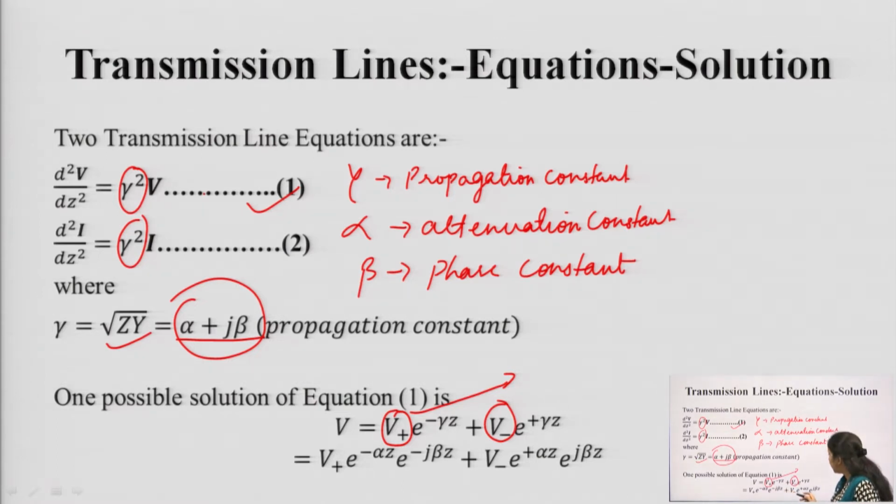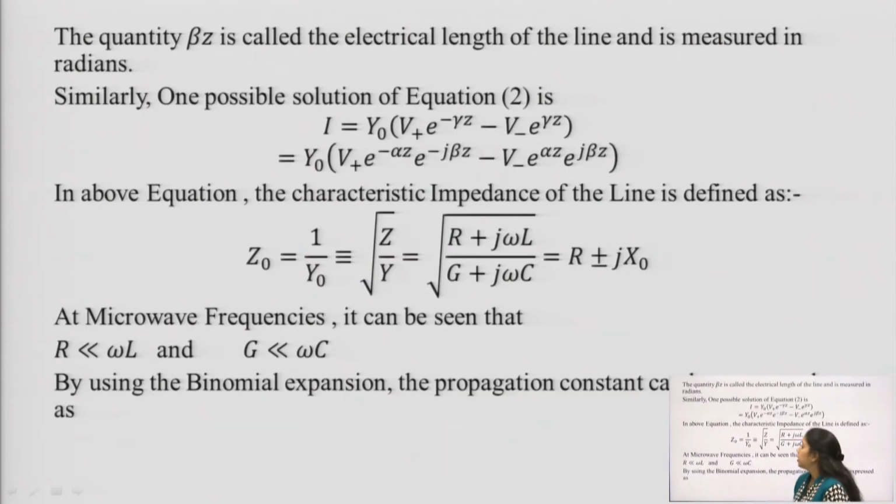Similarly, when we replace gamma with alpha plus j beta here also, the equation we have is V minus e to the power plus alpha z e to the power j beta z. Now, what is beta z? Beta z is our electrical length of the transmission line, and it is measured in radians.